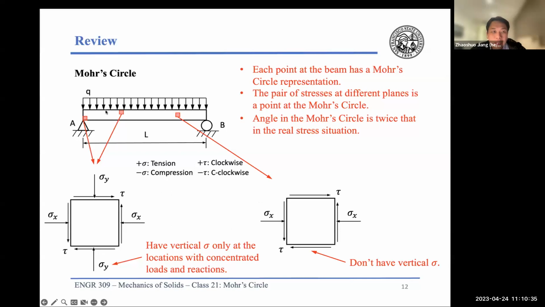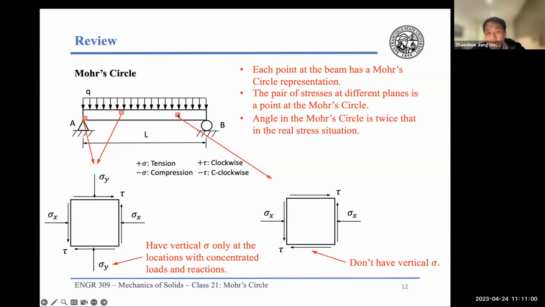And in a real world scenario, I also mentioned that if you have any point of interest that is in direct contact with the external forces, like this point right on top of the support, we're going to have the horizontal normal stress and also the vertical normal stress.